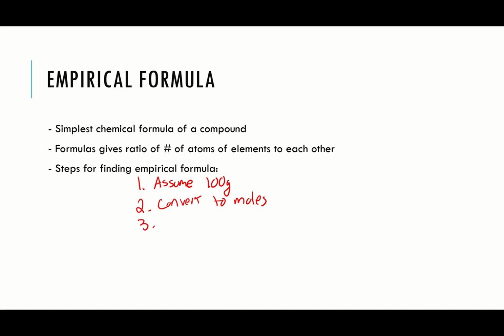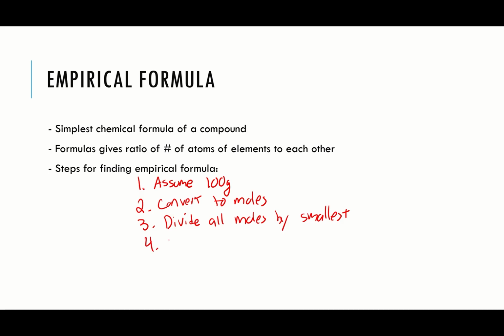To ensure that the smallest ratio that we get is a 1-to-1 ratio, we're going to divide all of our moles by the smallest that were given. This way, we can't have anything less than 1 because, of course, the minimum number of atoms you can have in a compound is 1. When we divide by our smallest number of moles, we're looking for whole number ratios, but sometimes we won't get whole number ratios.